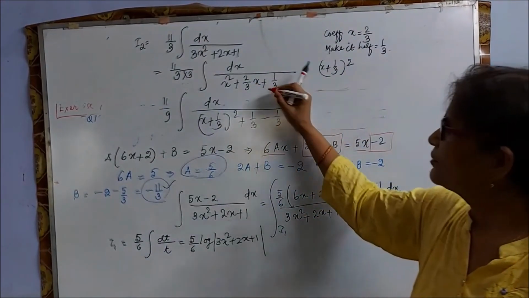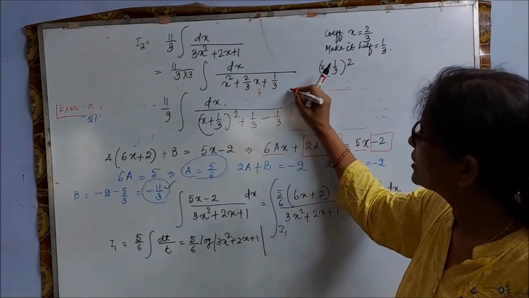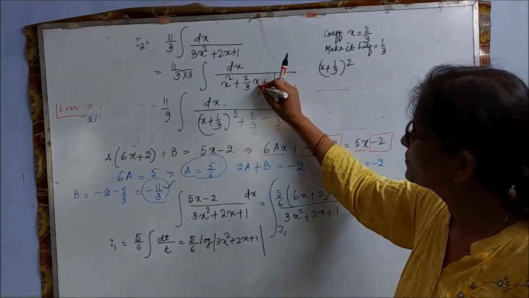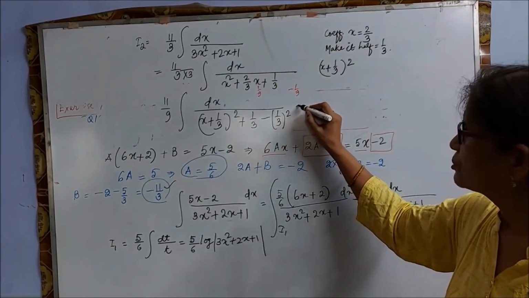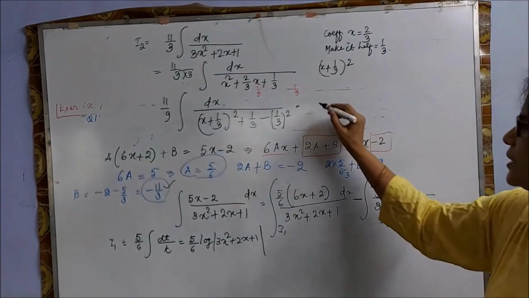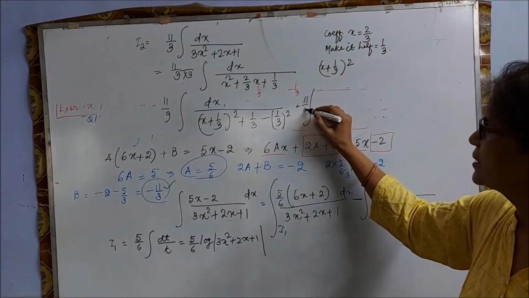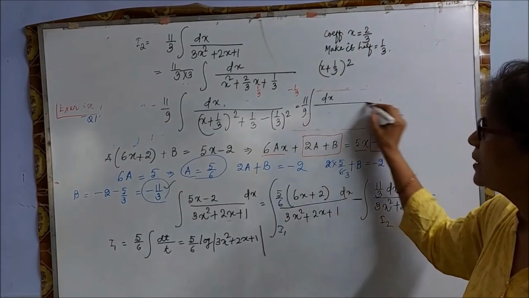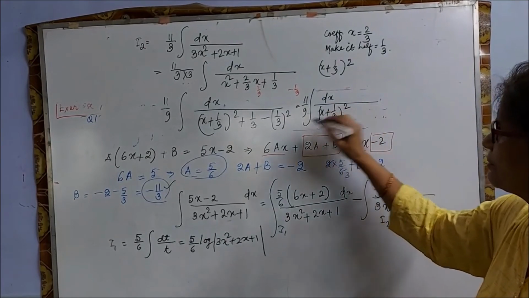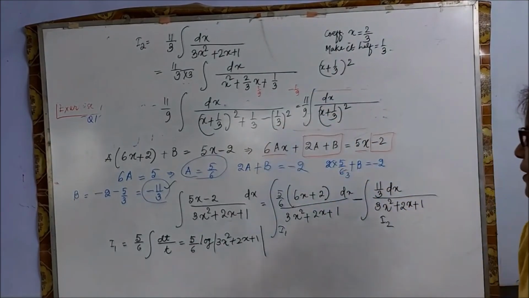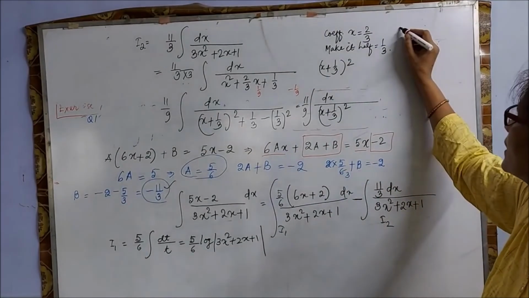That means I have added a 1 by 9 here. So I will subtract a 1 by 9 here. So this will be 11 by 9 dx by x plus 1 by 3 whole square, and 1 by 3 minus 1 by 9.